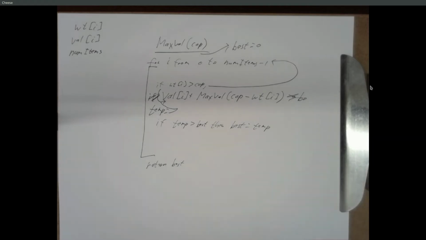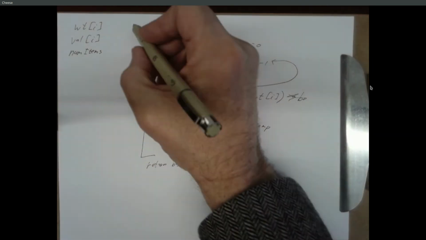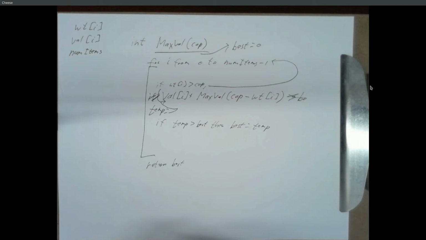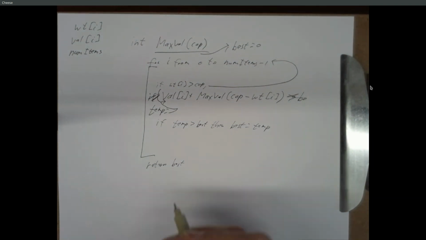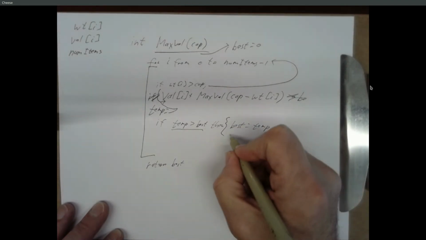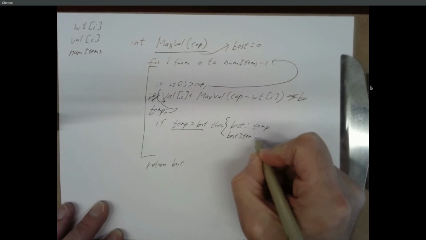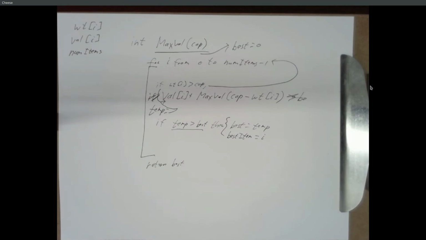If you're keeping track of inventory, if you're keeping track of how you get that max value out, you need to know not just what the maximum value is, right, this return integer value, but you need to know what combination of items gets you that maximum value. So when you find a new best, you need to save not just the maximum value, but what item number gave you that best value.